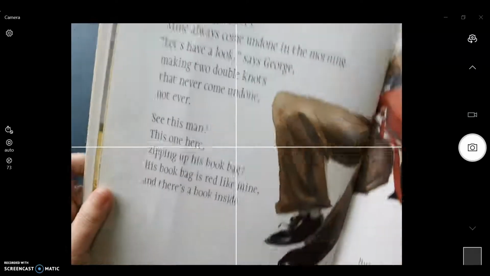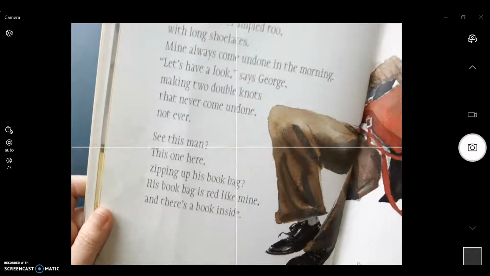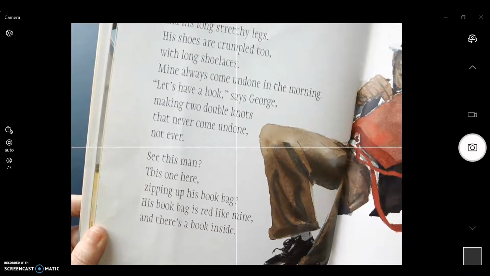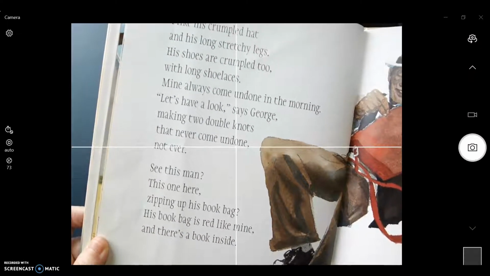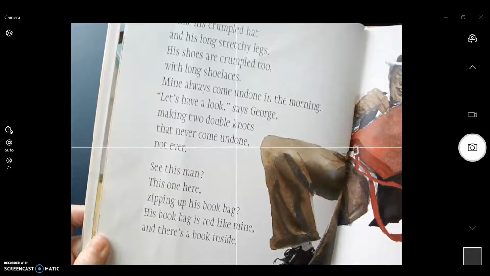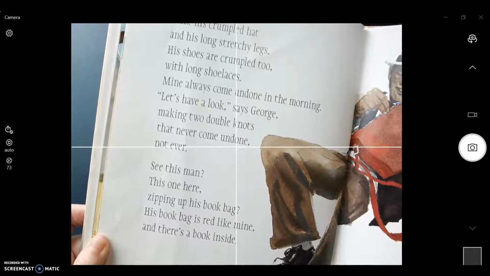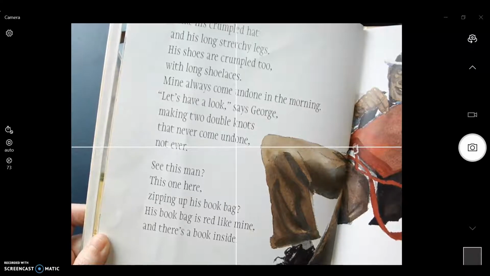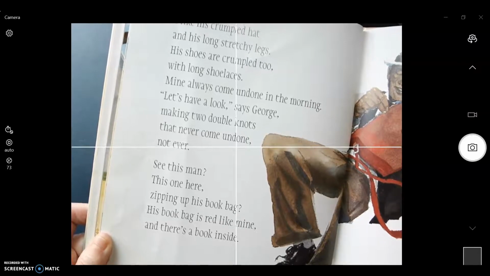I like his crumpled hat and his long, stretchy legs. His shoes are crumpled too, with long shoelaces. Mine always come undone in the morning. Let's have a look, says George, making 2 double knots that never come undone. See this man, this one here, zipping up his book bag? His book bag is red, like mine, and there's a book inside.